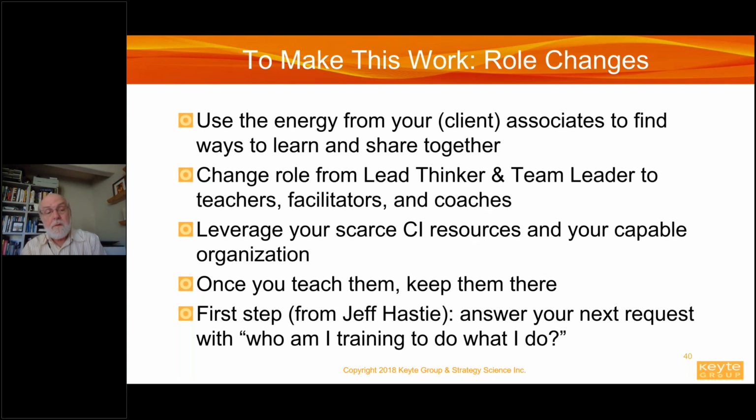And in doing so, you take your really capable organization and you leverage your scarce resources. Scarce resources you, because you don't have enough capacity to deal with all the projects on all those phone calls you get all the time. The next bullet point is once you teach them, keep them there. Leave them in their expertise and let them teach others.